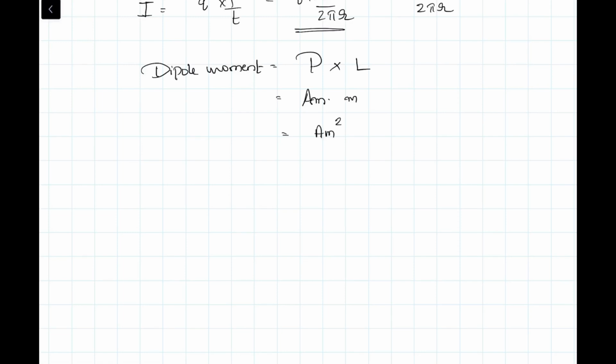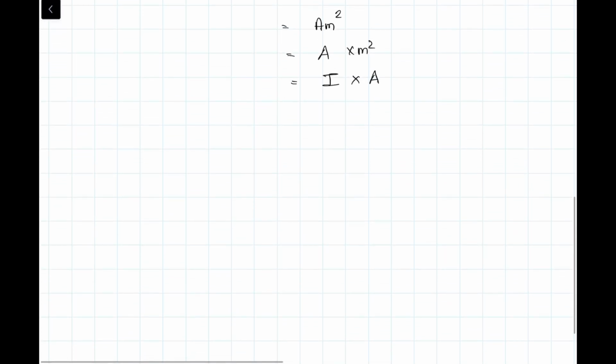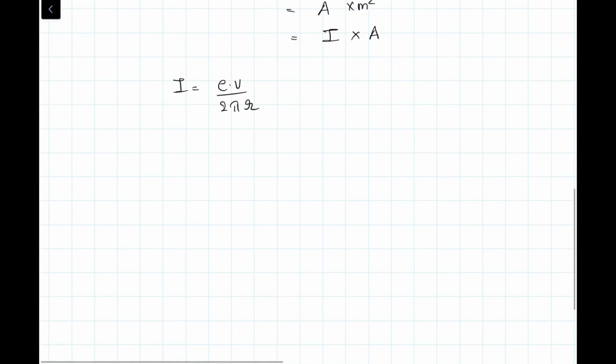Ampere meter square, you can split it as ampere into meter square, or current into area. We already got the formula for the current due to one electron, which is I equal to E into V by 2 pi r. So what will be the product of current and area? That term you can call the magnetic moment.